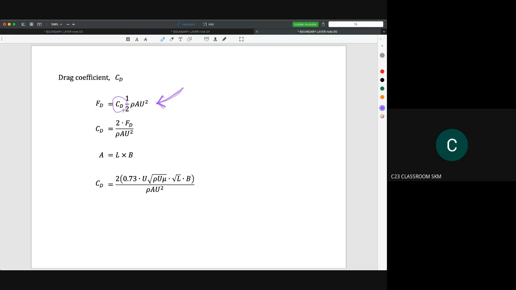So we rearrange the equation, and we have this term. We know that the area A here is L times B, so we can substitute that value. We substitute the value of drag force that we got previously into this equation.